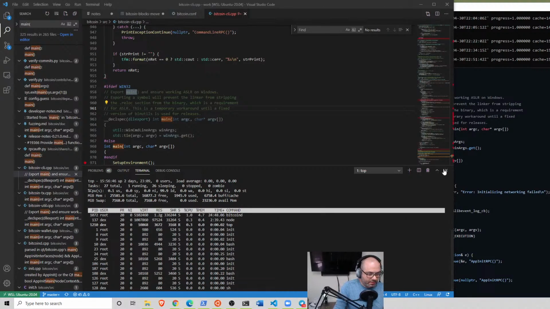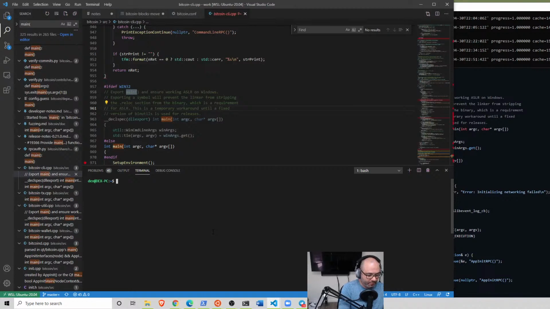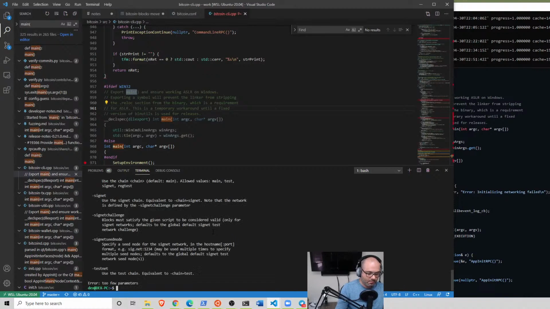bitcoind is running. That's really the only thing running here. So we'll hit Escape Q. Okay, so we got out of top. Now we want to communicate with bitcoind. So we want to use bitcoin-cli. Now we have some concerns about this.